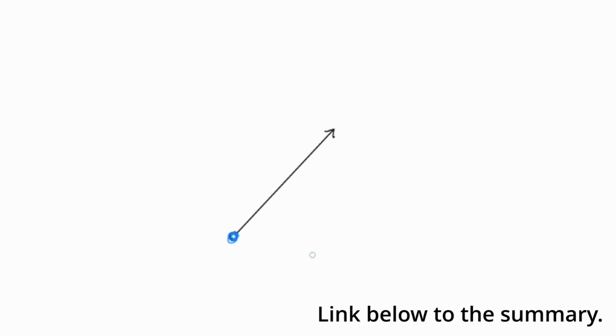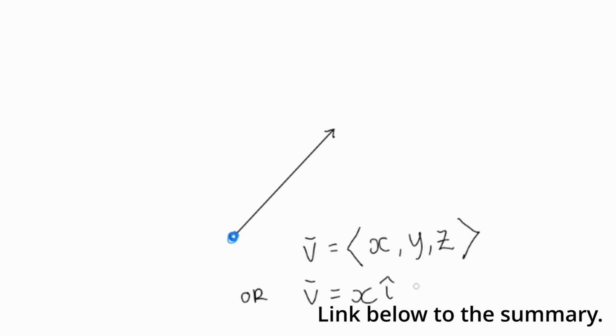One of the ways that I love most, because it saves a lot of time and space, is you can say vector v equals a bracket like this, x, y, and z coordinates, and then you close the bracket. Or you can say that vector v equals x i hat plus y j hat plus z k hat.